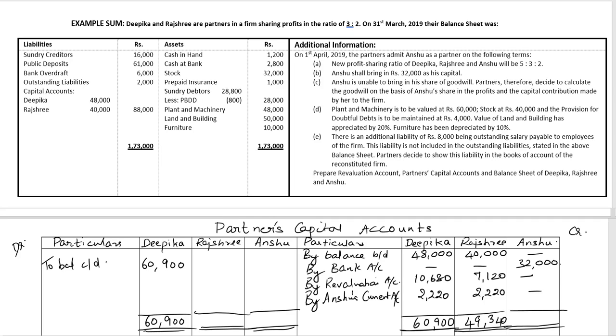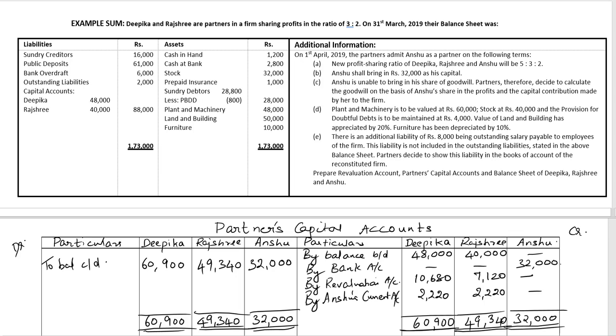For Rajshri, total is 49,340 rupees. Balance carried down also is 49,340 rupees. And in the case of Anshu, the total is 32,000 rupees. And balance carried down is also 32,000 rupees. So this is the capital accounts which is prepared by us.